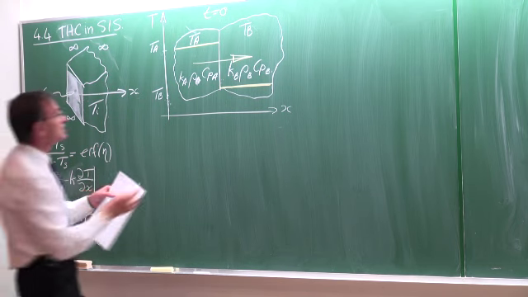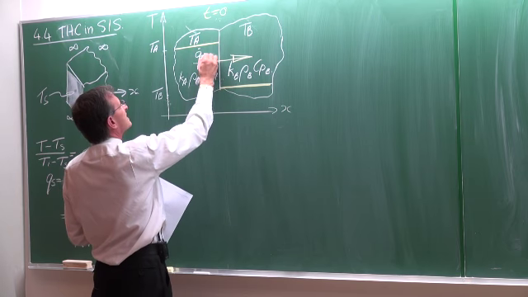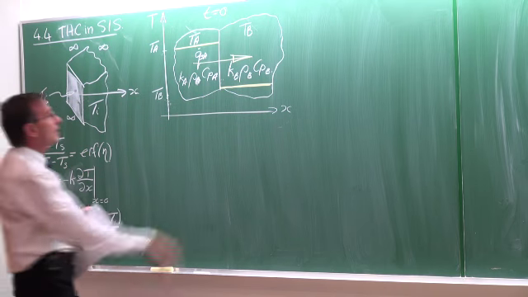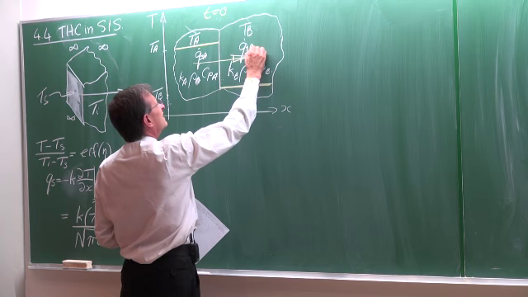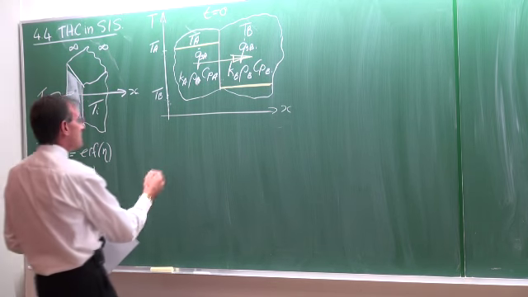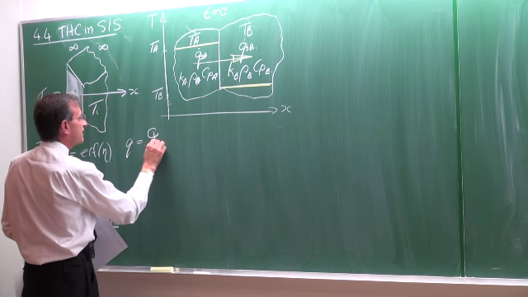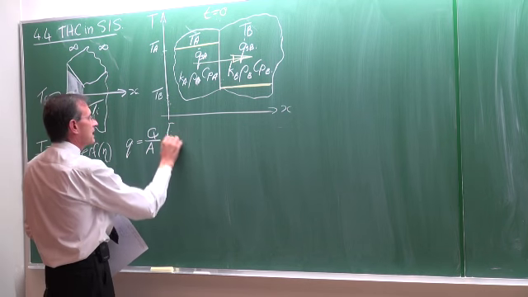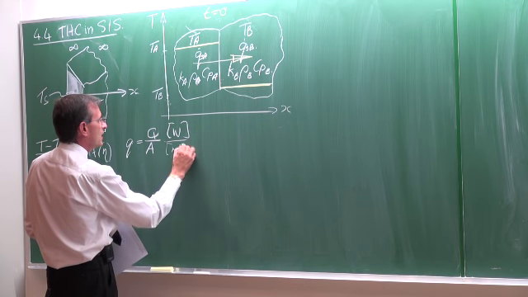The heat flux at the surface of A must be equal to the heat flux at B. Remember, the heat flux is the heat transfer rate divided by the surface area: the heat transfer rate in watts and the area in square meters.